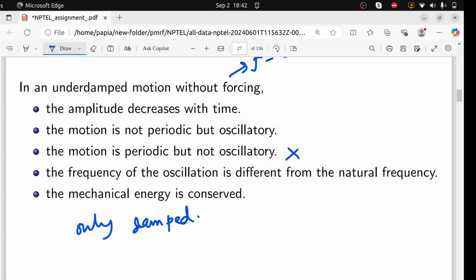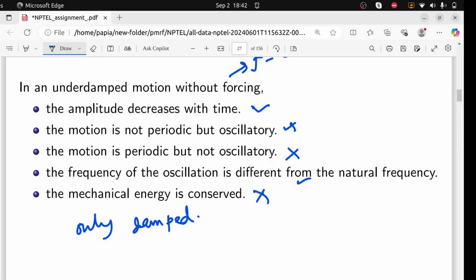The frequency of the oscillation is different from the natural frequency. Yes, that is fine. The mechanical energy is conserved. No. The motion is not periodic but oscillatory, and this is also fine. That amplitude decreases with time. So basically this is the correct one.